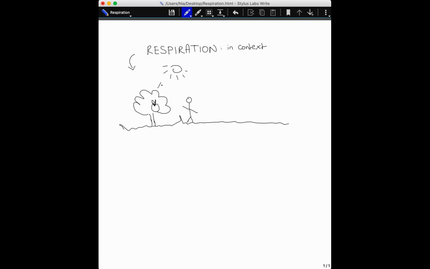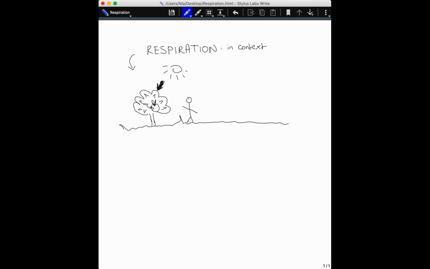Plants are unique in their ability to absorb light energy from the sun and use this to drive photosynthesis in order to synthesize their own glucose. And this can then either be stored as starch in the leaves, or it can be used for growth and repair.